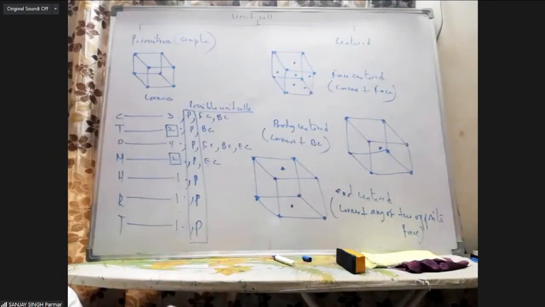For rhombohedral, it is HgS. For triclinic, it is CuSO4·5H2O, copper sulfate pentahydrate, and K2Cr2O7, potassium dichromate.